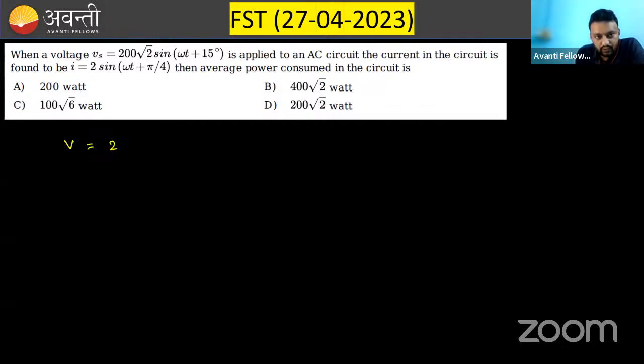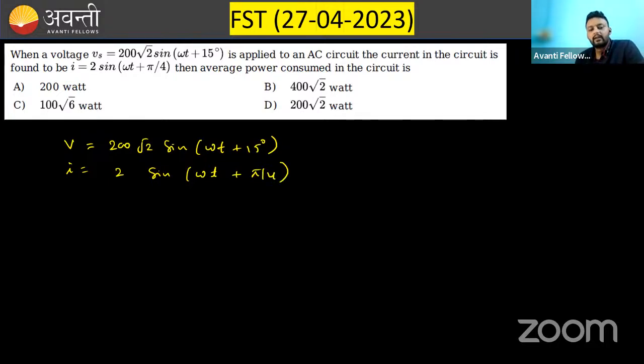Voltage is given as 200 root 2 sine omega t plus 15 degree. Clear? And current is given as 2 sine omega t plus pi by 4. Now, if you can see here, there is a phase difference. This is omega t plus 15 and this is omega t plus pi by 4.